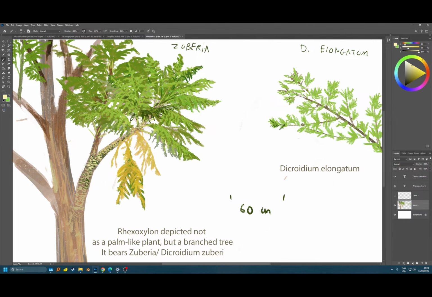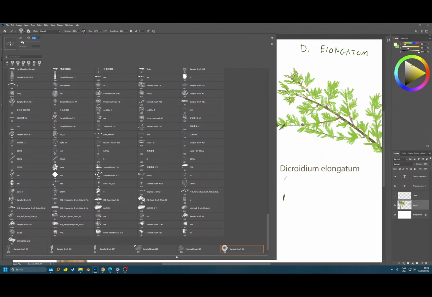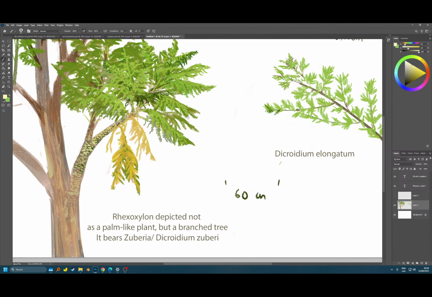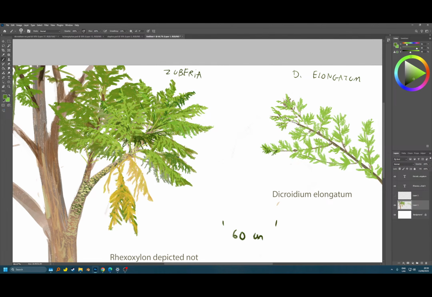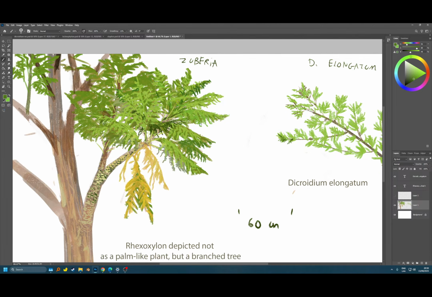No one has ever done this before. I'm the first one doing an interpretation like this. This doesn't mean much. It could be wrong though. If there is new evidence of a palm-like tree, I'm going to change my mind.